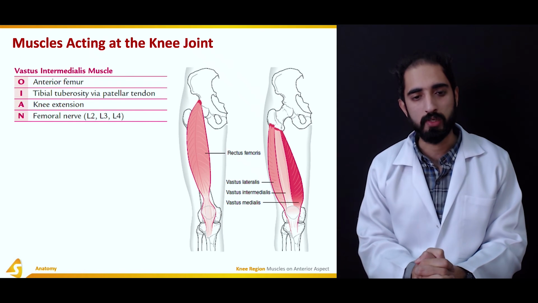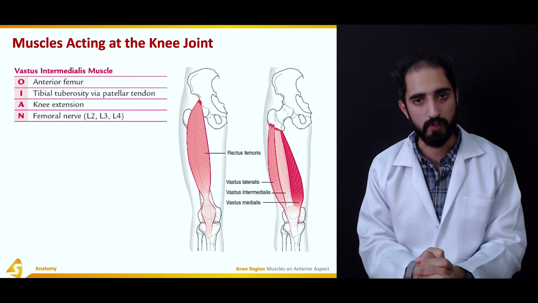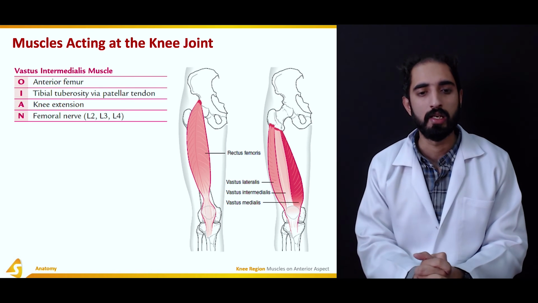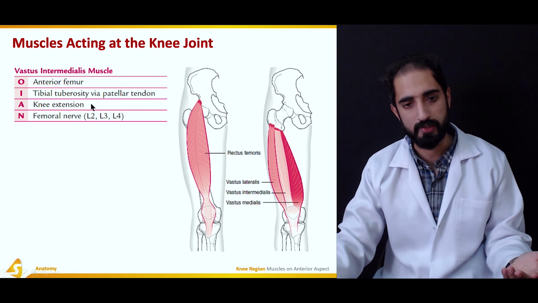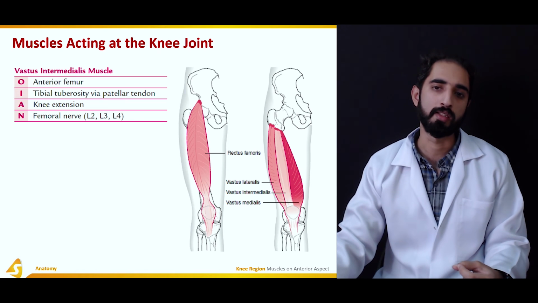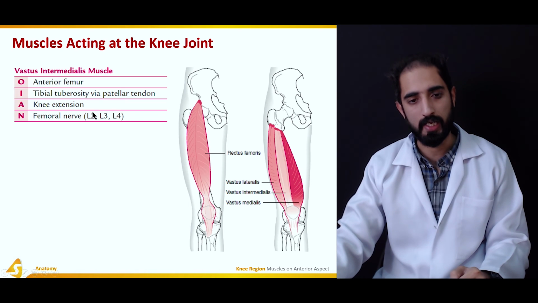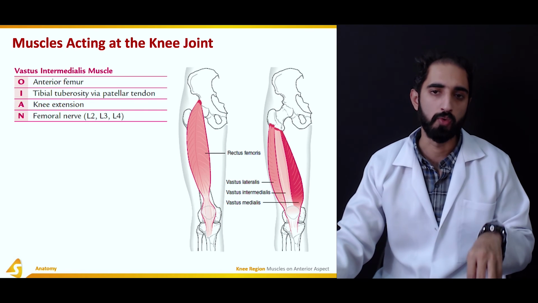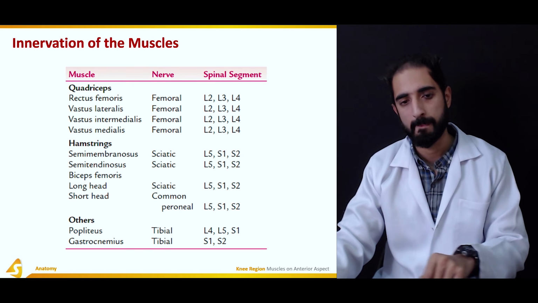Its proximal attachment and origin is from the anterior aspect of the femur, and it inserts into the common insertion, the tibial tuberosity via the patellar tendon, which serves as the distal attachment site for the vastus intermedius, like all other muscles of the quadriceps group. The function is once again knee extension only, and the nerve supply stays the same, the femoral nerve through the L2, L3 and L4 spinal nerve roots.